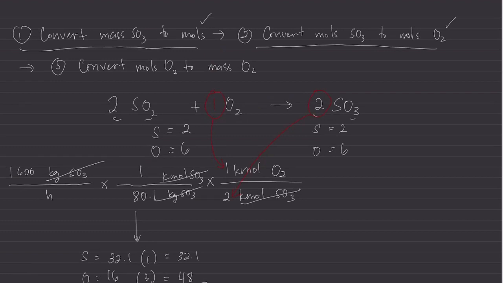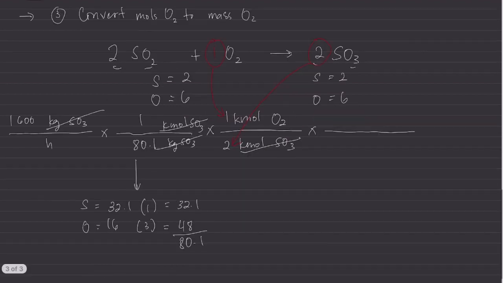So, convert moles SO3 to moles O2. And then, para ma-revert back natin siya into mass O2 from mole O2, gagamitin lang ulit natin yung molar mass ng O2. So, O2 is, diba yung O meron siyang 16 na molar mass. So, O2 then has 32 grams per mole. So, patulad ng ginawa natin sa SO3 kanina, gagamitin din natin yung kilograms per kilomole na unit for O2.